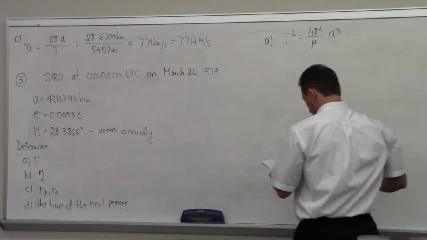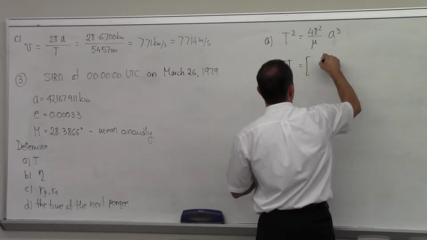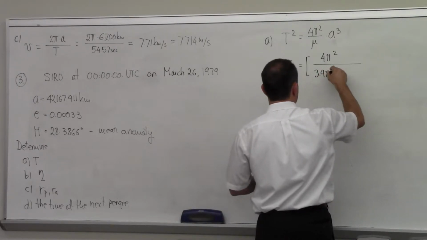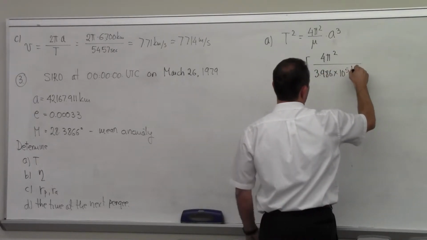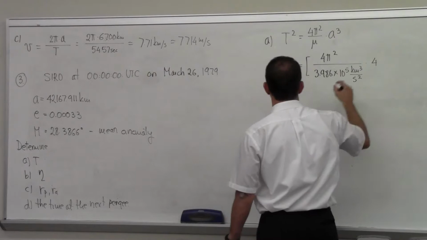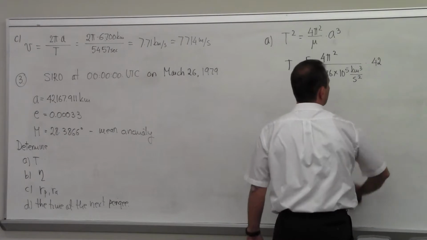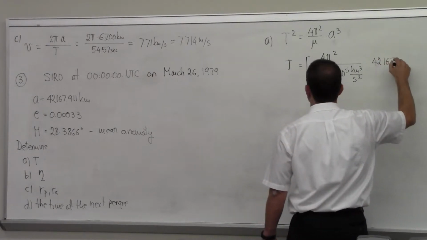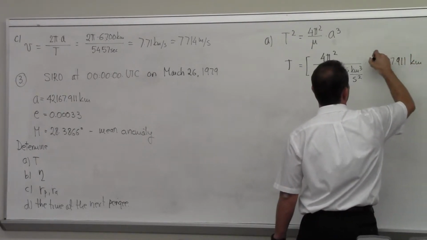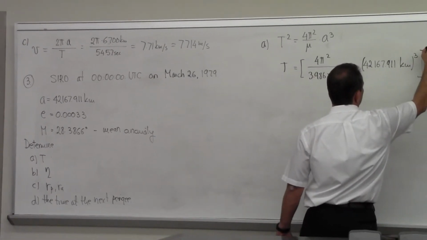Everything is given in this equation, so you can say that period is equal to 4 pi squared over 3.986 times 10 to the 5 kilometers cubed over second squared, times 42,167.911 kilometers, everything cubed, and then take the square root of it.